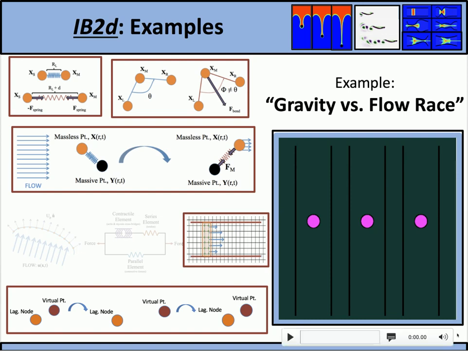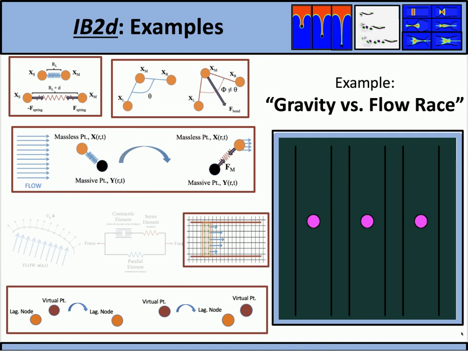This example I'll show you uses a multitude of different fiber models. In particular, you're going to see these 3 different balls, which are going to drop under gravity. However, there's going to be an upwards flow that's equal in each channel to try and resist that falling due to gravity. The mass of the ball on the left is the least heavy, whereas the ball on the right is the most heavy.